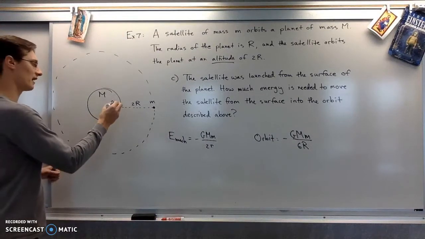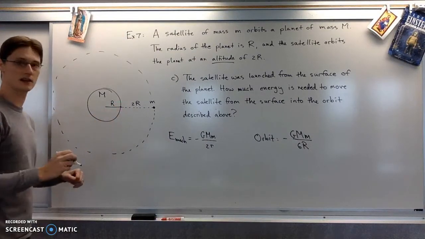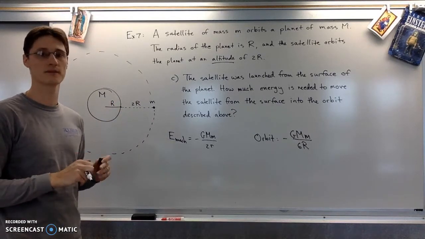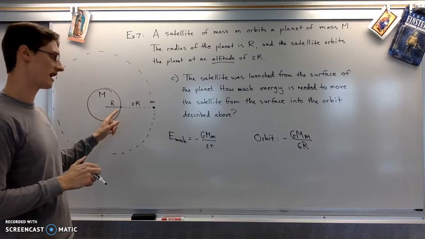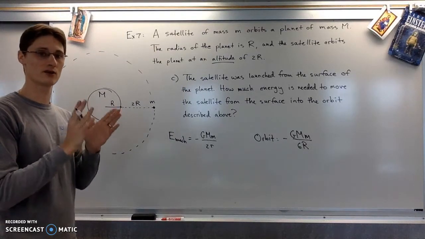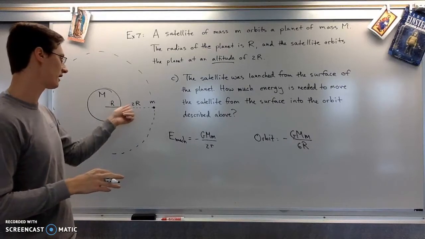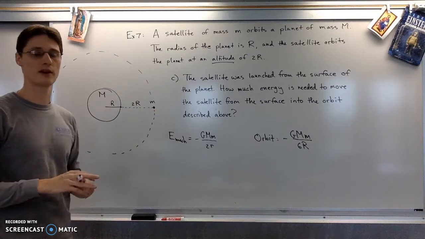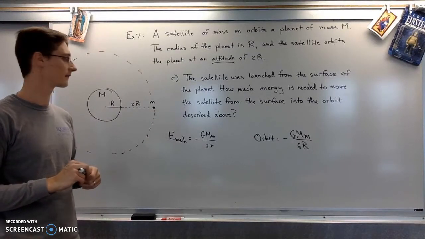Of course, the satellite started on the surface of the planet and was presumably, roughly speaking, stationary. So you had to add a certain amount of energy to the satellite to move it from here to there, and also with the required amount of kinetic energy.